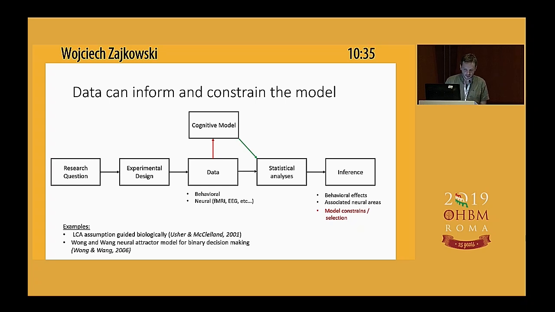One example of the more stringent approach is the Wang neural attractor model, which is similar to the drift diffusion model. However, it is more biologically viable because it estimates some of the internal parameters on the level of neurons, of neural firings. Okay, so that was the brief introduction.